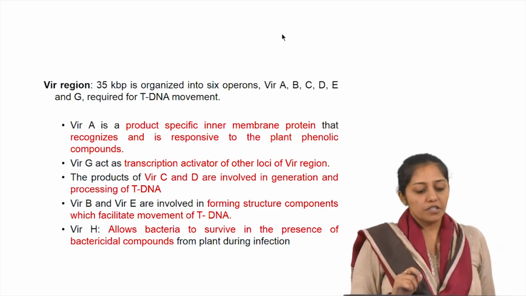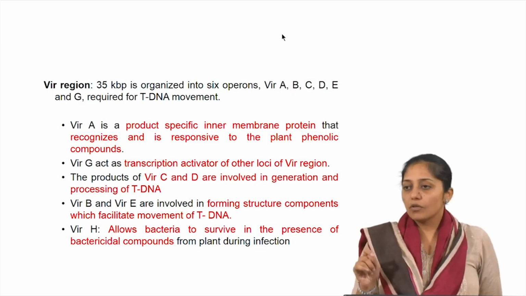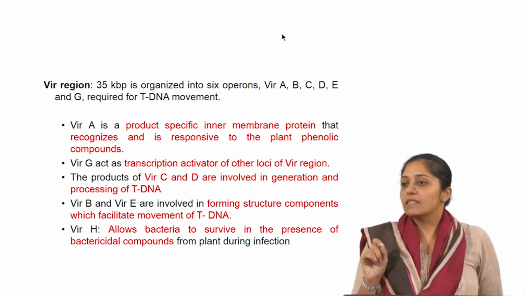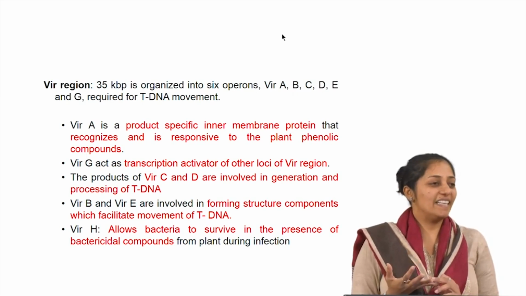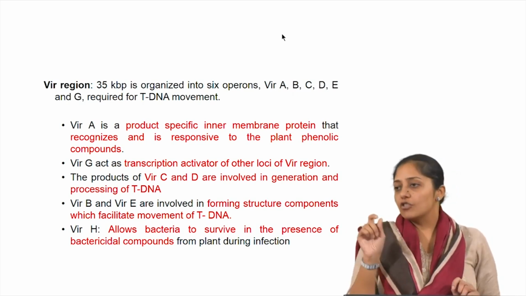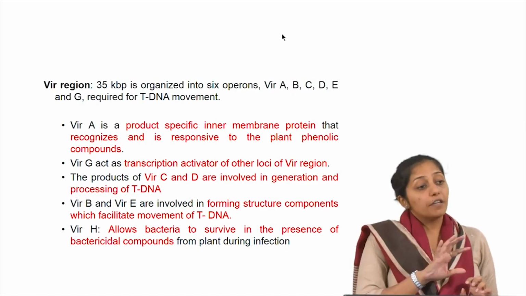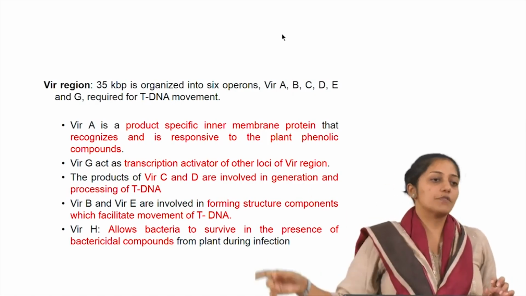Now the virulence region is generally 35 kbp long. It is organized in 6 operons: virulence A, B, C, D, E and G. Each of these regions plays a different role during the transfer process.